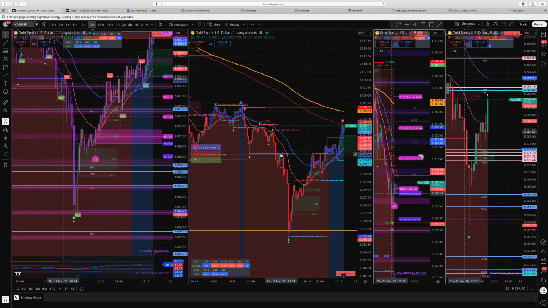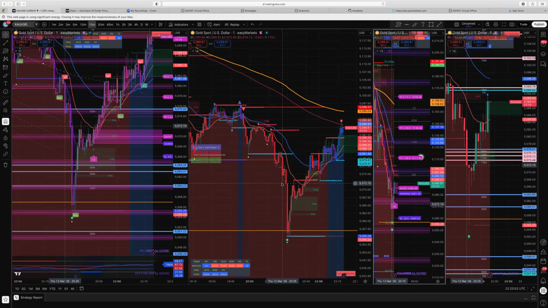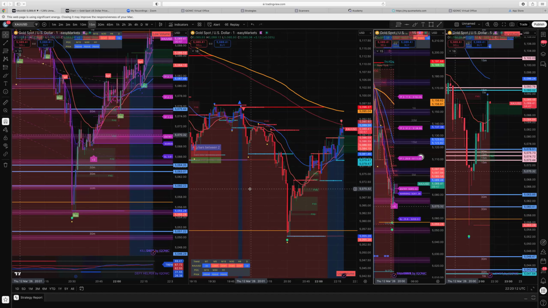It simply breaks the zone, we pull down our stop, bam. Breaks the zone, pull down our stop, bam. That's it. That is all we are doing.